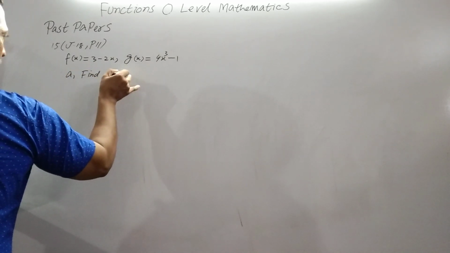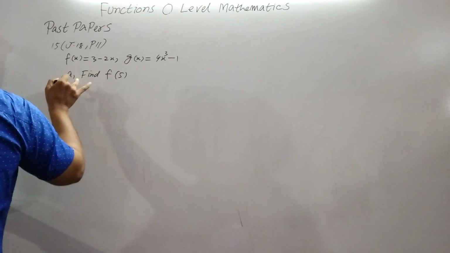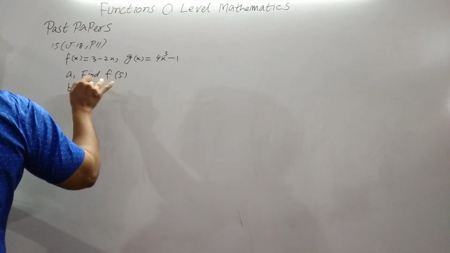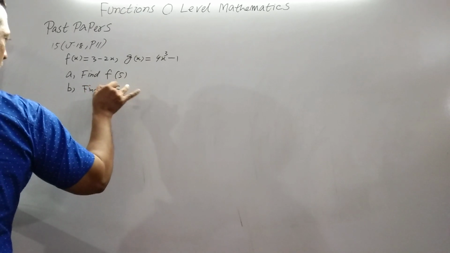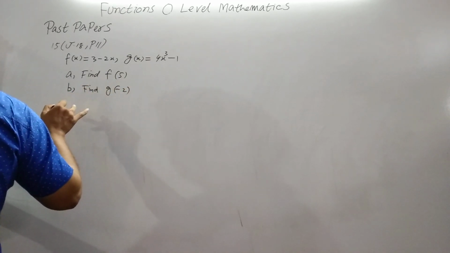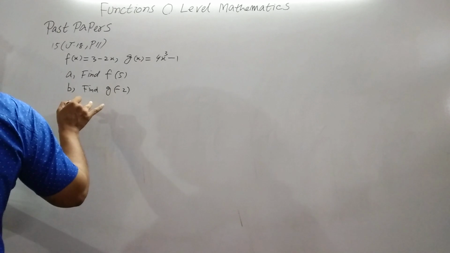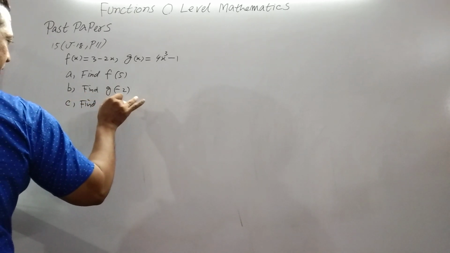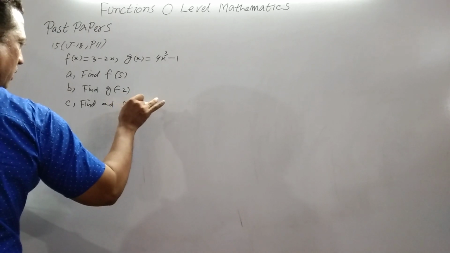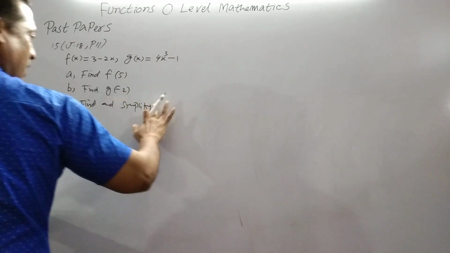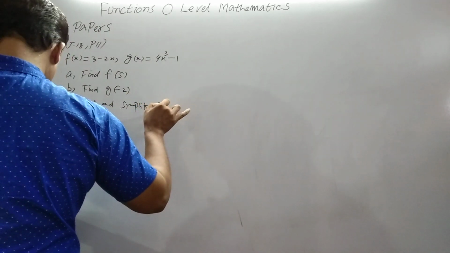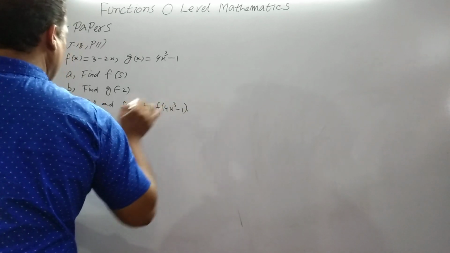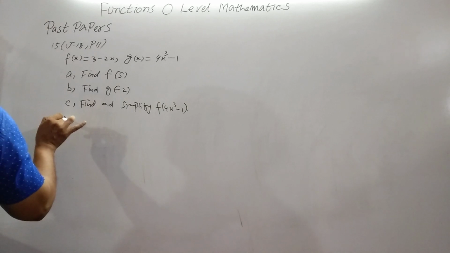Part A: find f of 5. Part B: find g of -2. C: find and simplify f of 4x cubed - 1. Solution.